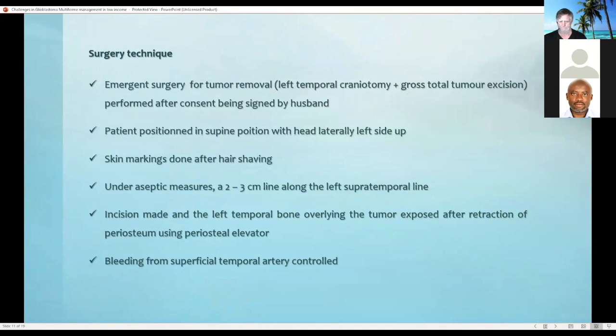So after this investigation, the patient was brought to us in an emergency condition. We decided to do an emergent surgery for tumor removal.